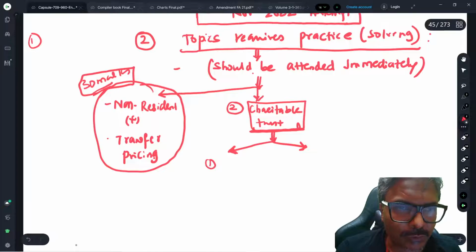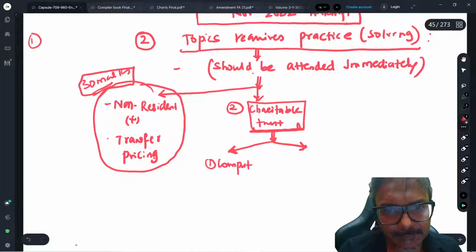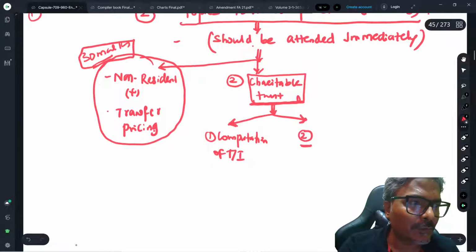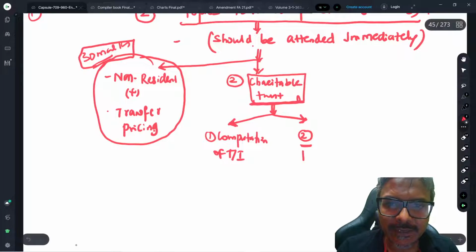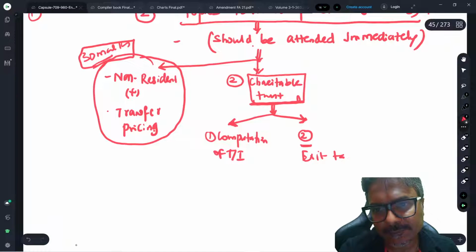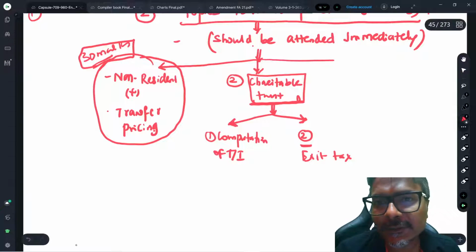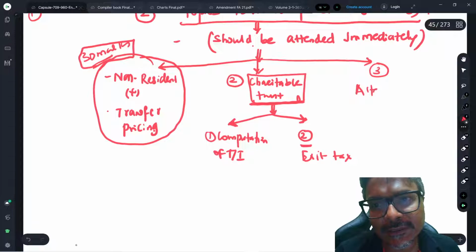Two provisions I told you: computation of total income, and the second one is the exit tax. The third one, students, which you have to practice is the alternate tax regime. Now, alternate tax regime is what you need to solve.